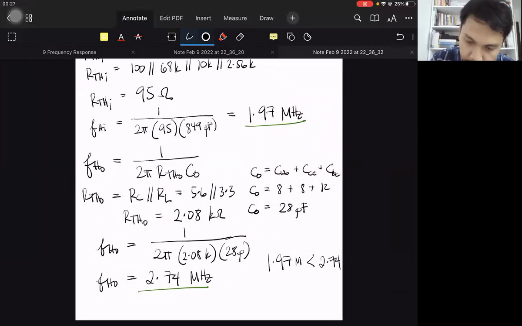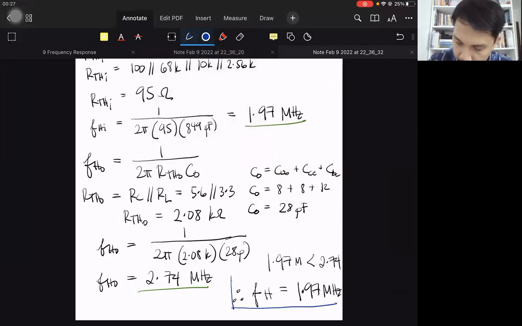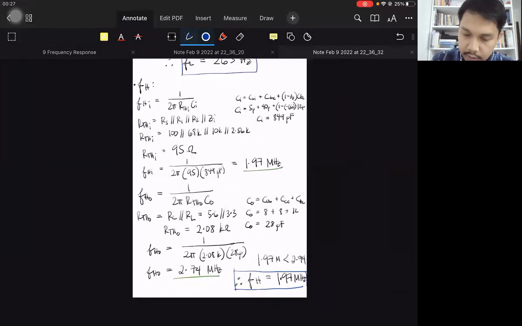Therefore, the conclusion is FH is equal to 1.97 megahertz. Final answer.